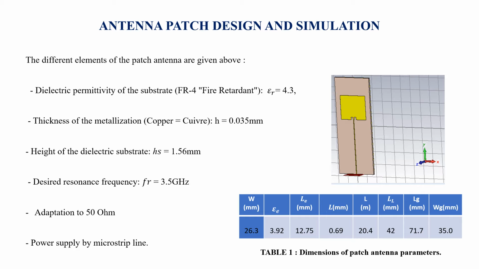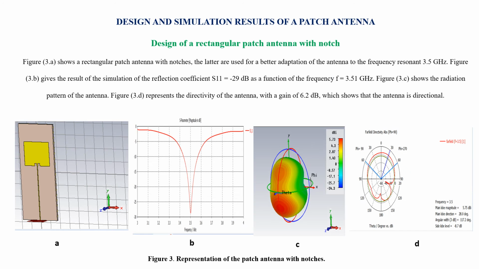Height of the dielectric substrate HS equal 1.556 millimeters. Frequency FR equal 3.5 gigahertz. Adaptation to the 50 ohm power supply by microstrip line. Table 1 gives dimension of patch antenna parameters.